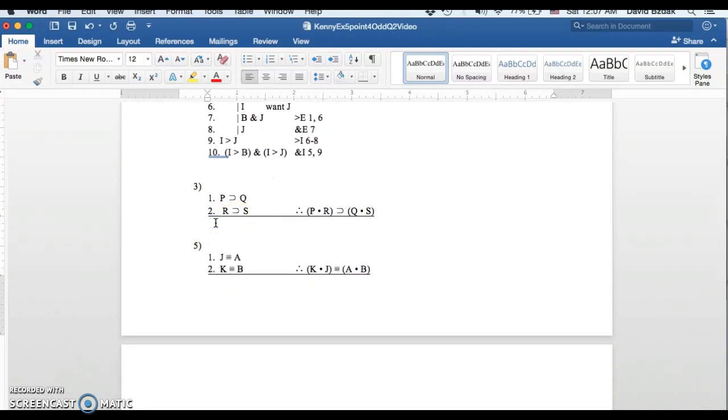Okay, so let's go to number 3. Here we have a conditional that we're trying to prove, right? So we indent, we use conditional introduction. We'll put the vertical line. We assume the antecedent, and we want the consequent.